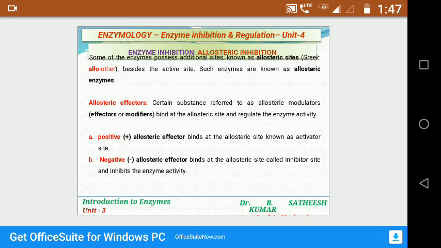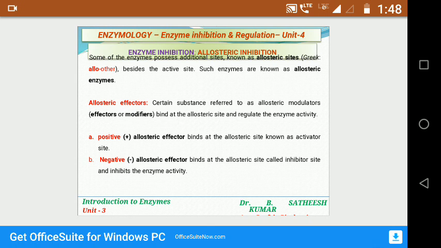It looks like allosteric inhibition and non-competitive inhibition are the same, but there are certain differences between them. In allosteric inhibition, the enzymes are very complex, and most of the enzymes which are regulated by allosteric mechanisms are oligomeric in nature.